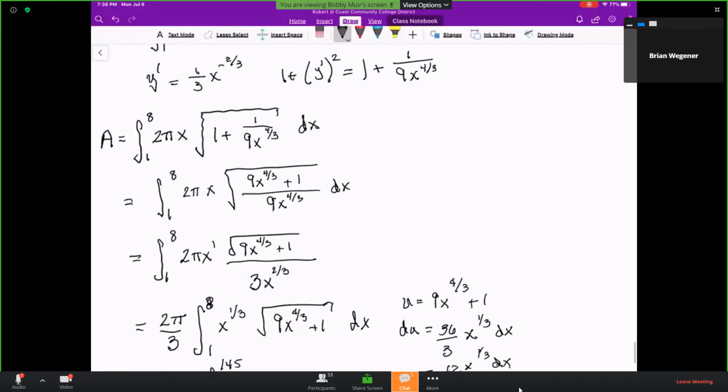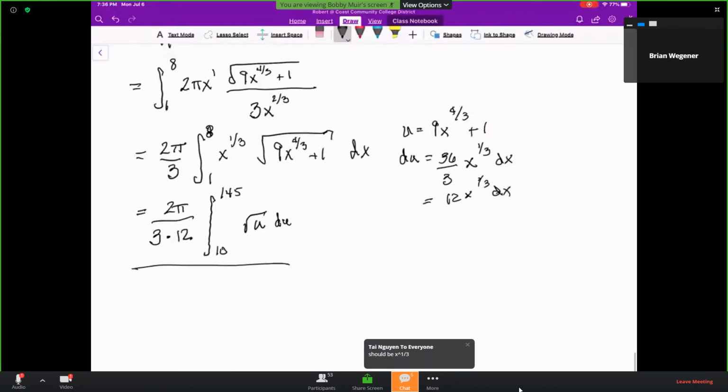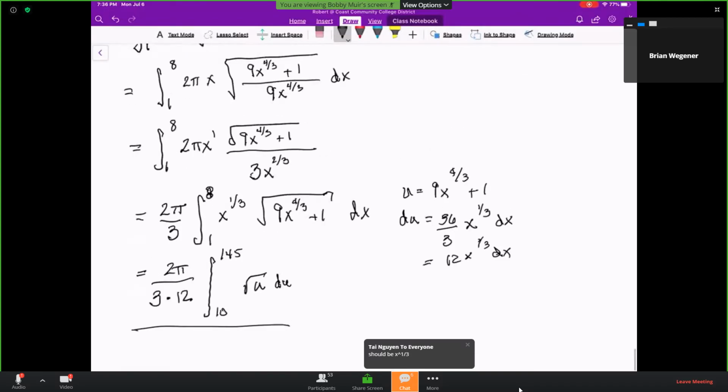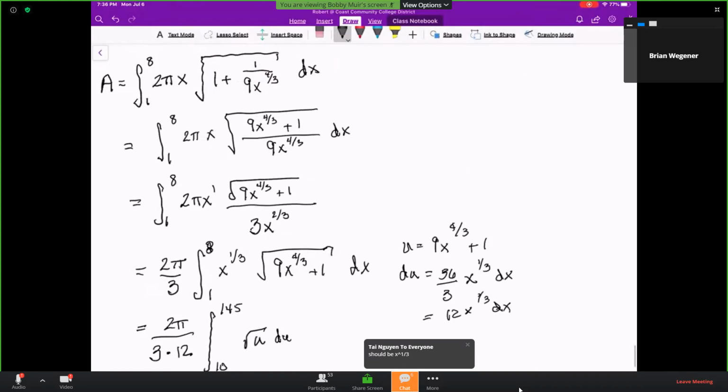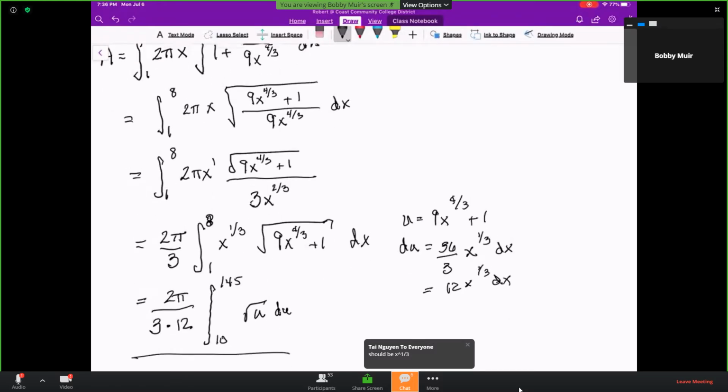So I don't totally understand this, but Ty said that x in the second one, and maybe that makes sense to you, should be x to the 1/3. That's what he's saying in the second one, not sure. Yeah, I've got it, x to the 1/3. If that's what he was asking about.